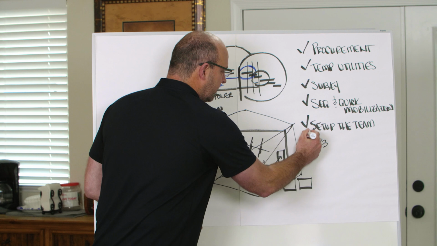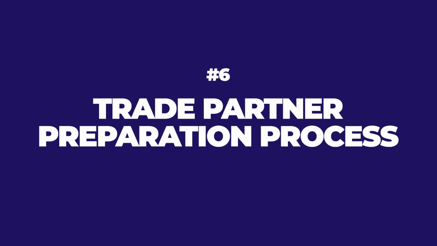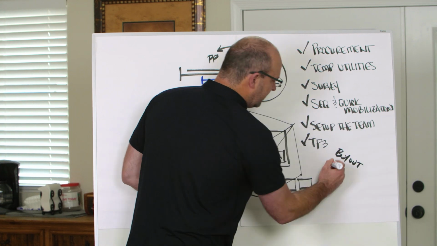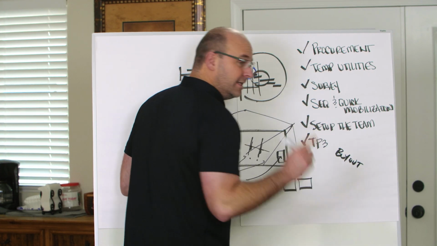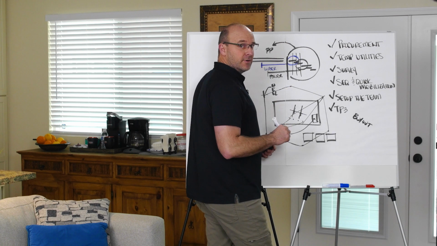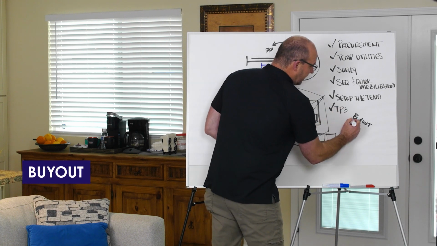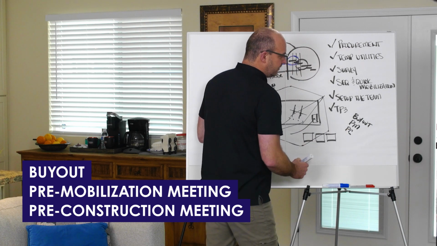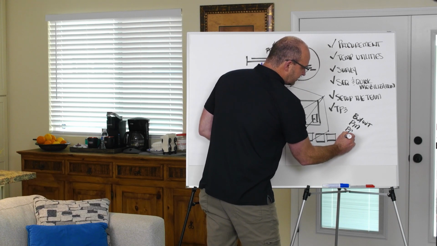The last one I want to talk about is the trade partner preparation process. This process is your buyout, okay? And I'm just going to abbreviate these because I've talked about these before. And I'll link you to the videos about the trade partner preparation process. So buyout, your pre-mobilization meeting, your pre-construction meeting, or your prep meeting, right? And then there's 3 other steps.